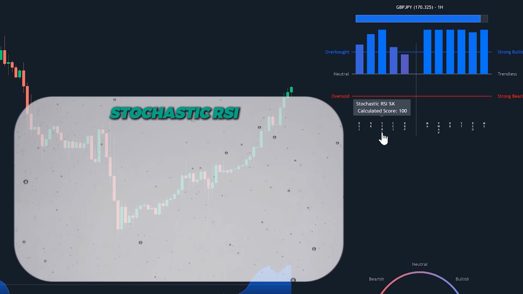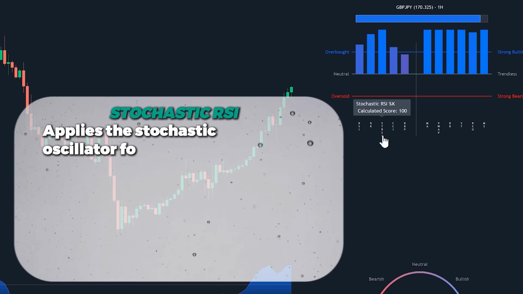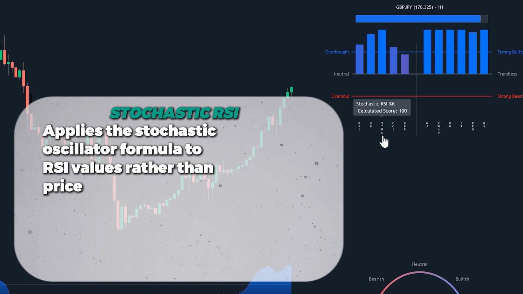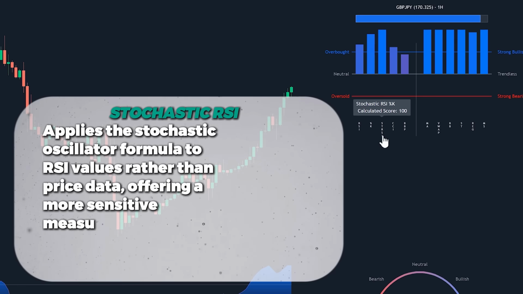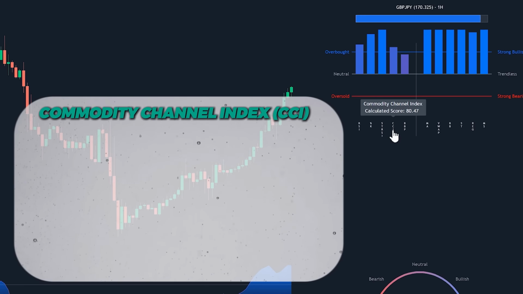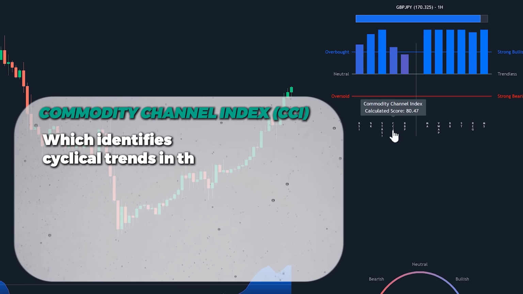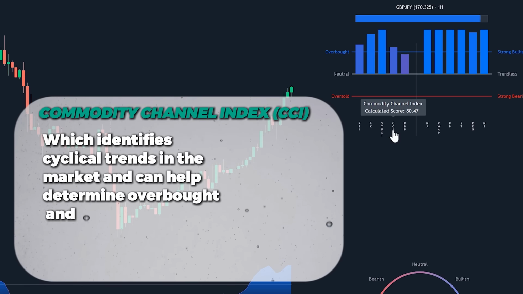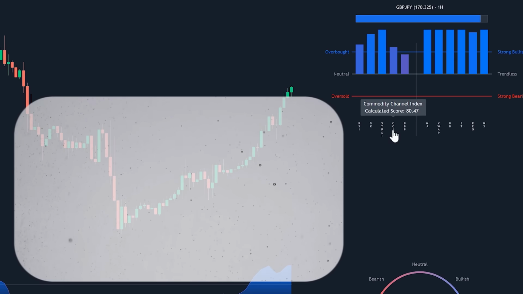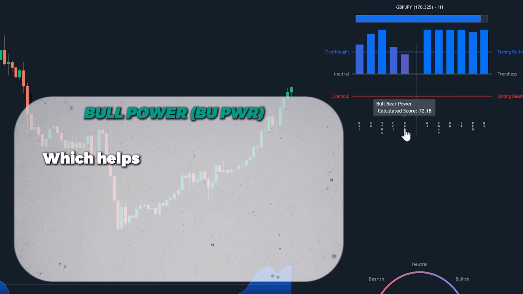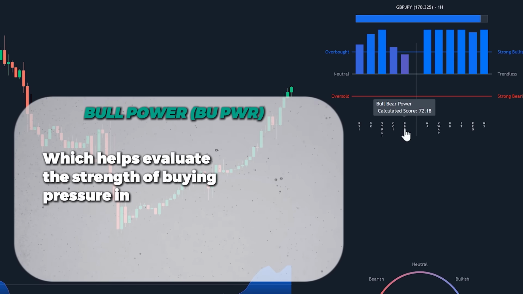The Stochastic RSI applies the Stochastic Oscillator formula to RSI values rather than price data, offering a more sensitive measure of momentum. And then we have the Commodity Channel Index, which identifies cyclical trends in the market and can help you determine overbought and oversold conditions. Lastly, we have the Bull Power, which helps you evaluate the strength of buying pressure in the market.